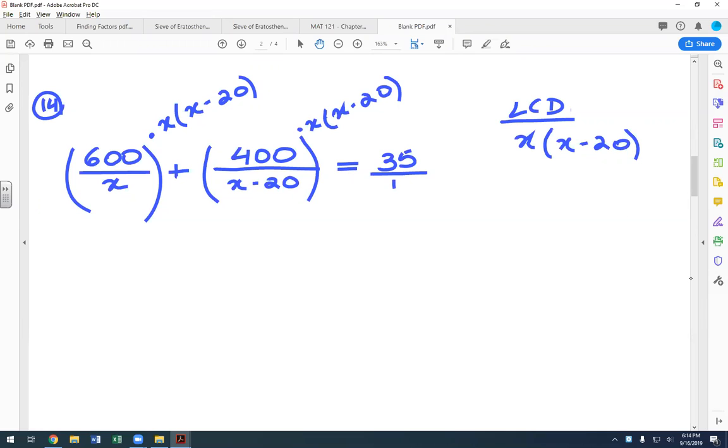So I'm going to multiply all my terms with the least common denominator. So what will happen when we multiply? I'm going to try and write this so I can squeeze everything in here.